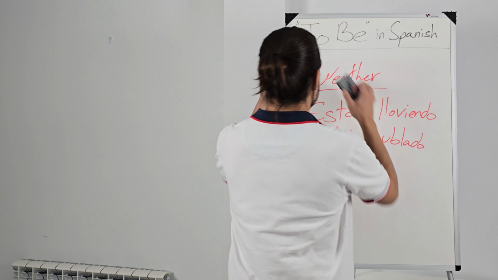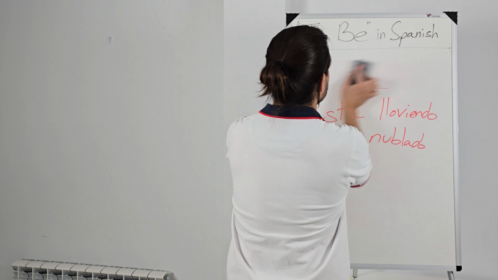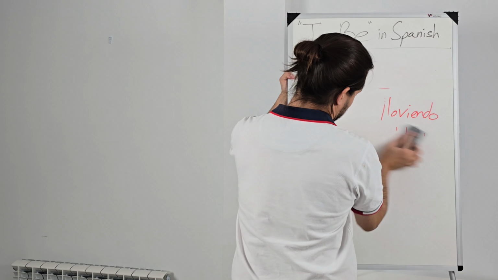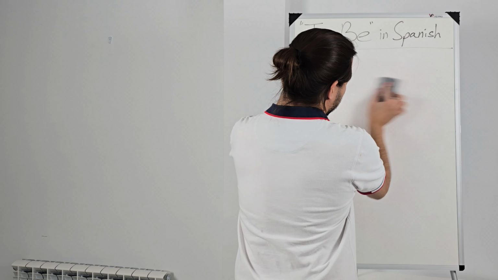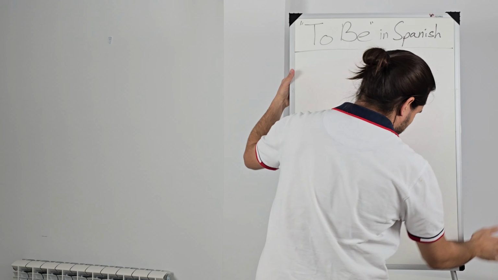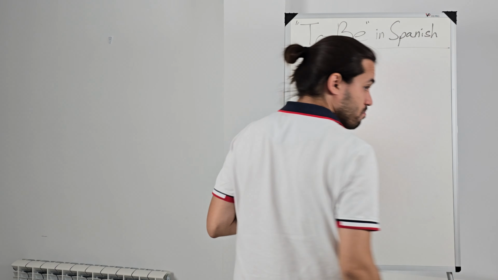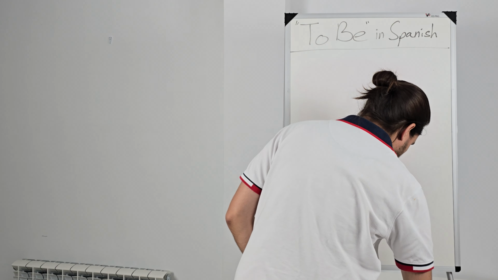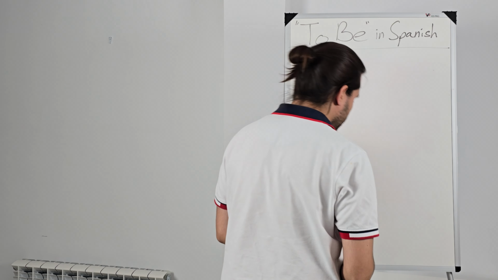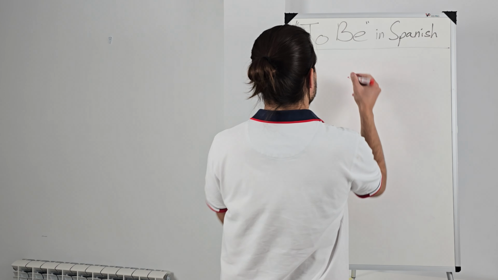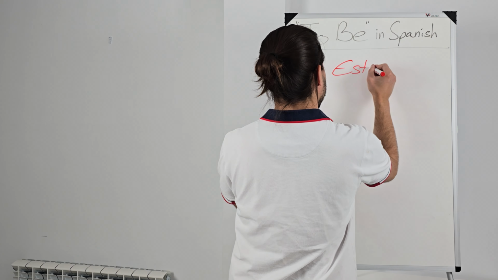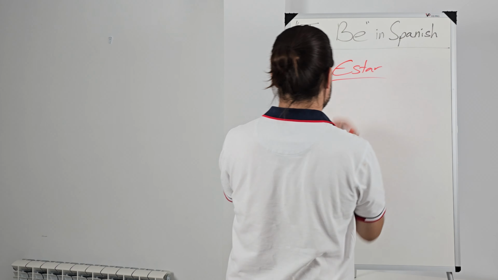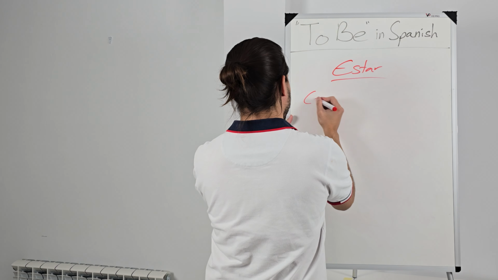So, again, a lot of people like to describe it as temporary states of being, which is a simple way to describe it. But yeah, those would be the ins and outs of that. So, again, estar would be the continuous form.